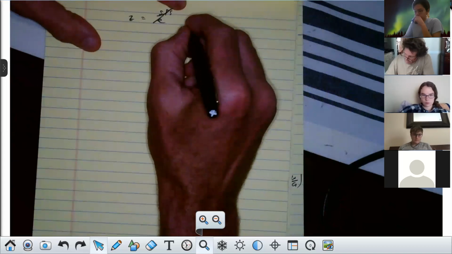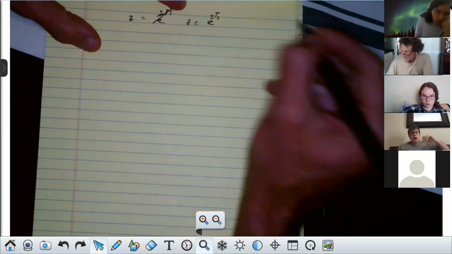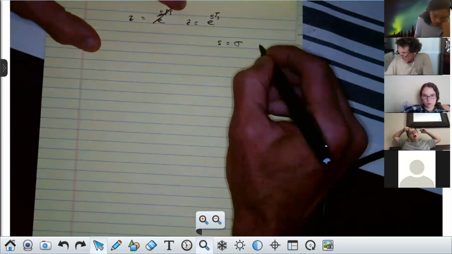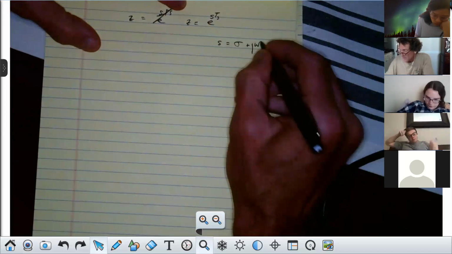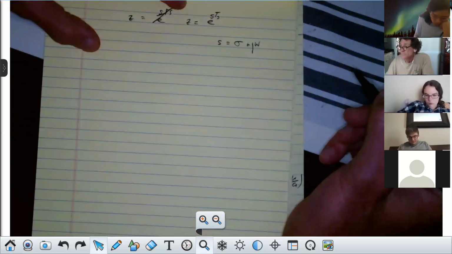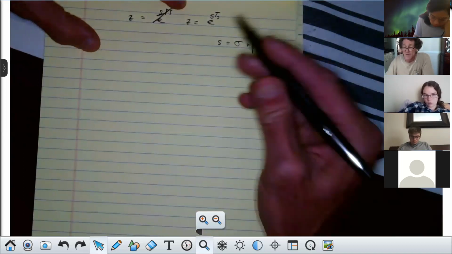Z is equal to e to the sTs. Now, what is s? It's equal to some real part, sigma plus j omega, correct, class? It could be like 5 plus j20. It's a real and imaginary number.